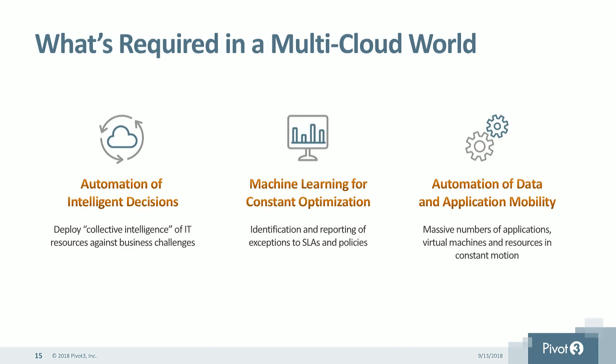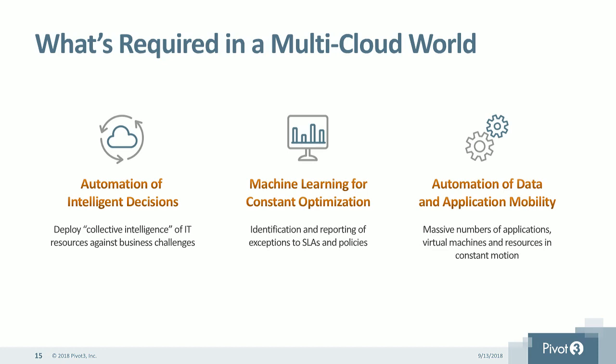And so a lot of what's required as we move forward, from our perspective, is some of the things that you see listed here. Some of these areas that we're focused on are around bringing automation through intelligence, and that's one of the things that we'll walk through here. We see where machine learning and being able to optimize the system on a variety of fronts will be required as we go forward, and then being able to work towards that complete automation of data and application mobility.